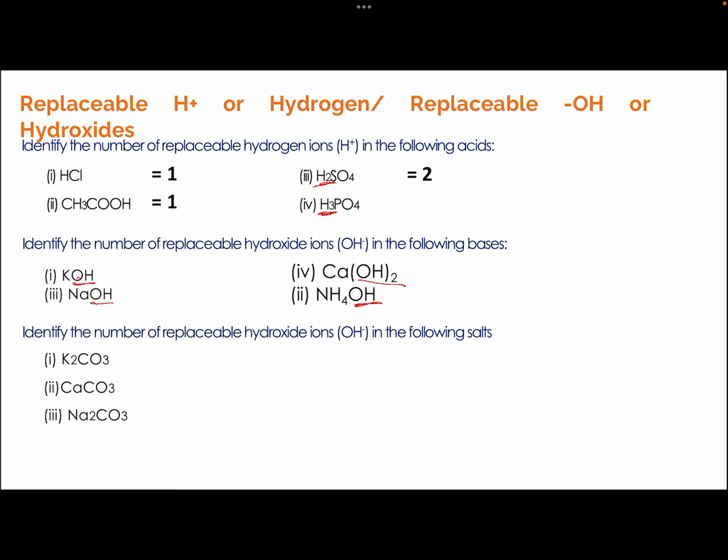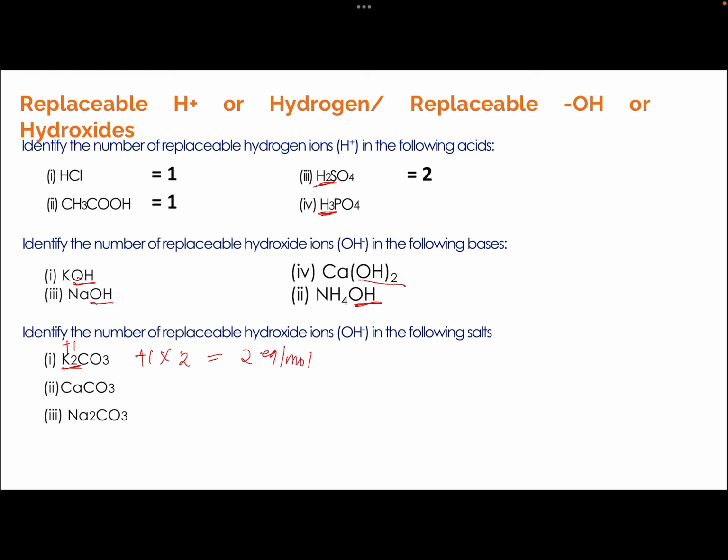K is in the first group, and the first group is positive 1. So K here is positive 1. However, in the chemical formula, there are two K. So we have positive 1 times 2, because we have two K here. So the number of replaceable here is 2 equivalents per mole.